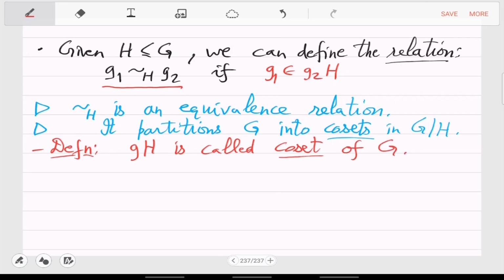Okay, so coset is this special subset that we have proved so many properties of. Obviously, it is with respect to a subgroup given.